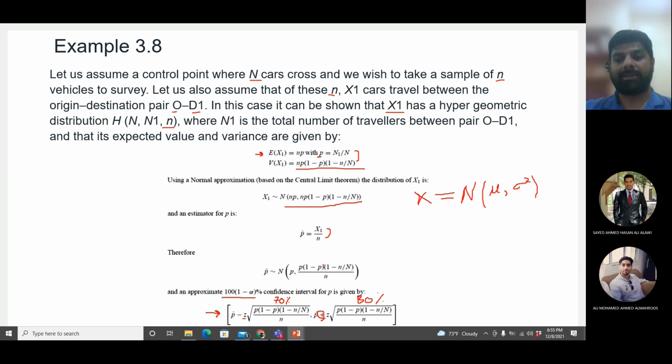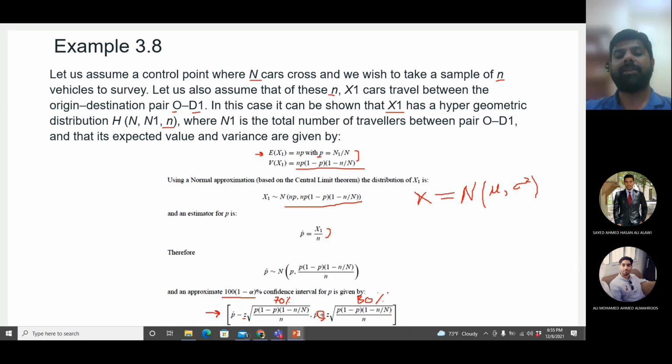So if you collect data from this location, there is a 95% chance that the percentage of drivers going from O to D1 is between 70 and 80%.